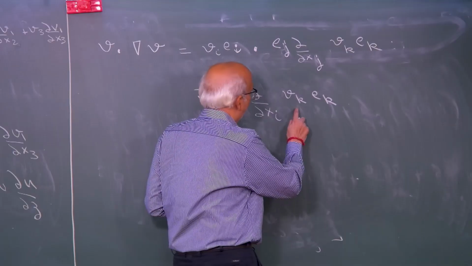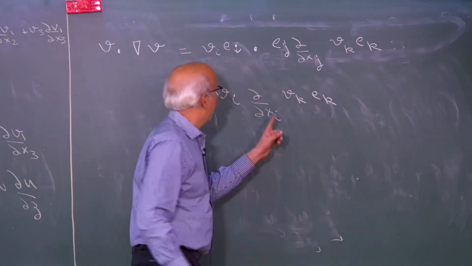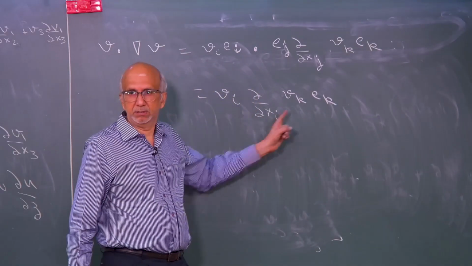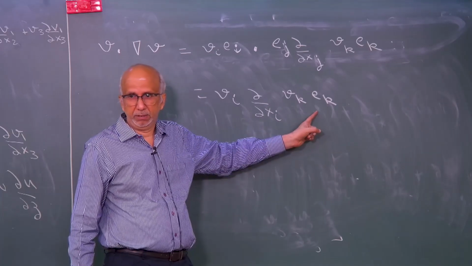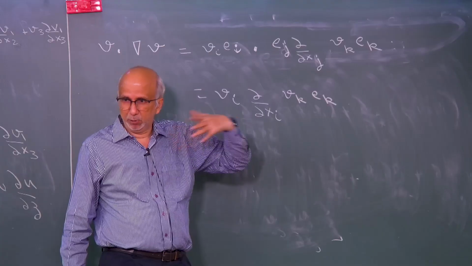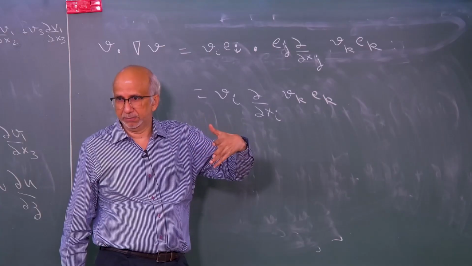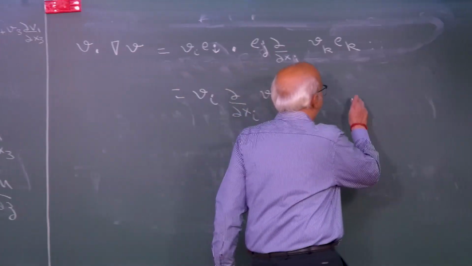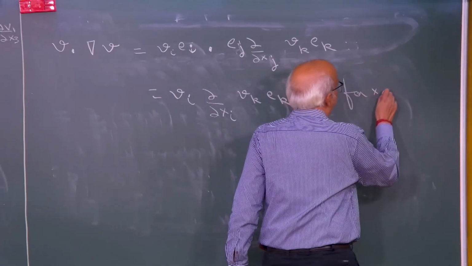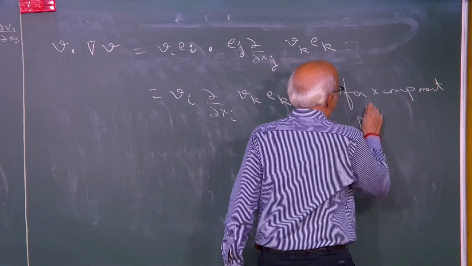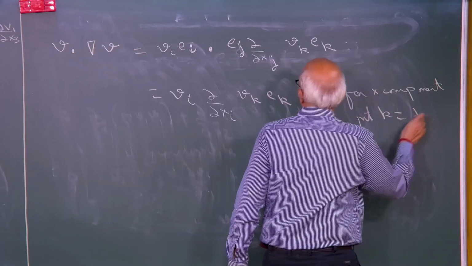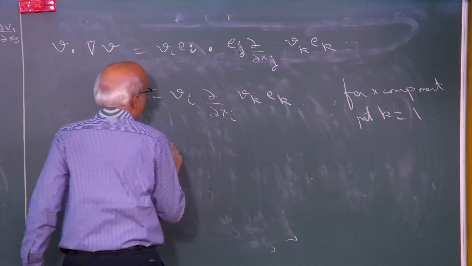The only thing which remains is this, again a double summation, summed over i and over k, 9 components. I am only interested in the x component, let us say. For the x component, put k equals 1. What do I have?